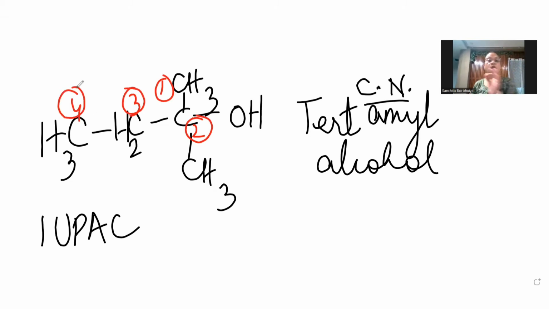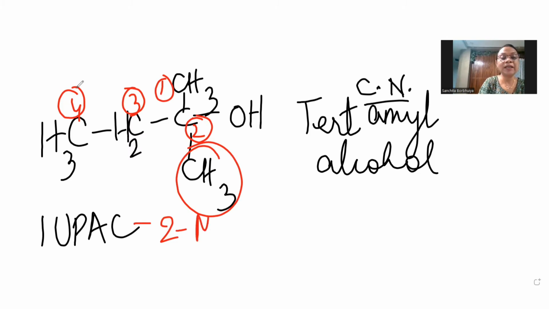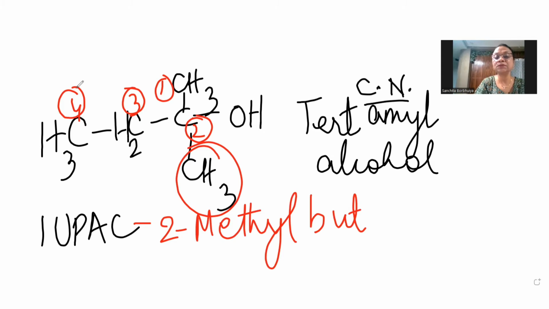Because you should give the lowest number possible to the functional group OH. So numbering from right to left gives you the longest chain with OH on the second carbon. So this is the branch. So this is 2-methyl butan-2-ol. Okay, so this is the IUPAC name of this compound.